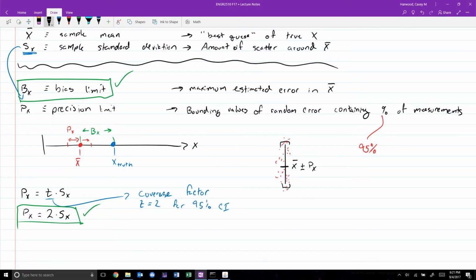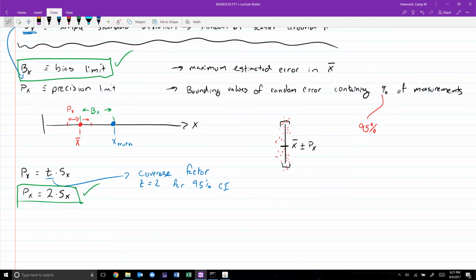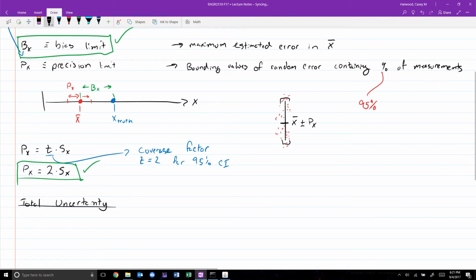You're given the bias limit, and those two things are combined for our total uncertainty, which is defined as u sub x squared is equal to b sub x squared plus p sub x squared.